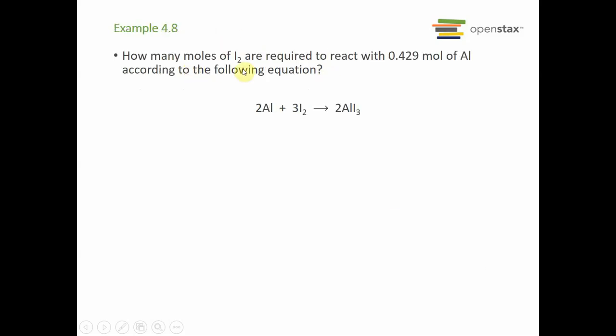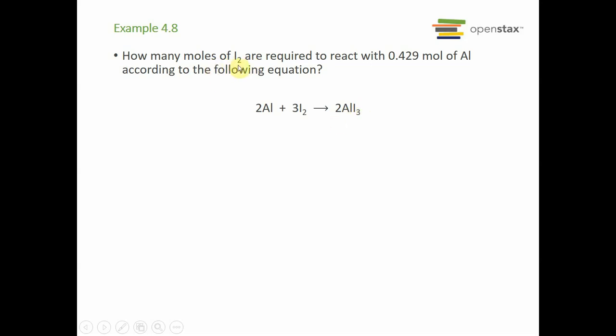How many moles of iodine, I2, are required to react with 0.429 moles of aluminum according to the following equation? 2 Al plus 3 I2 yields 2 AlI3.